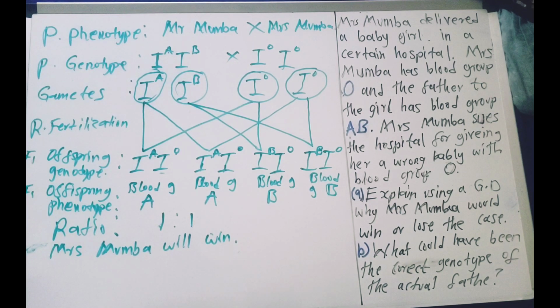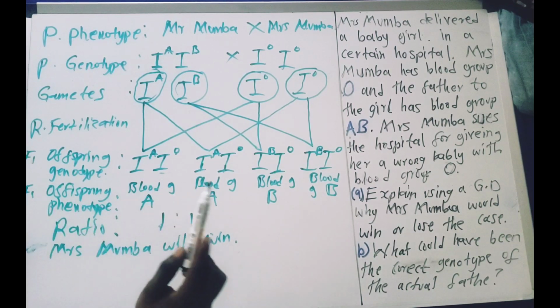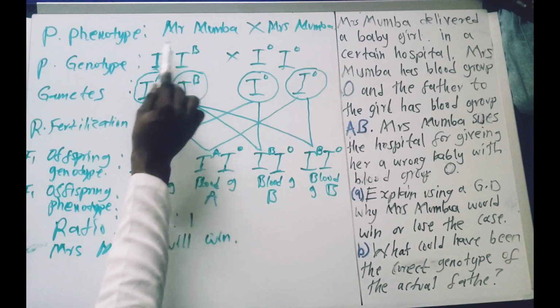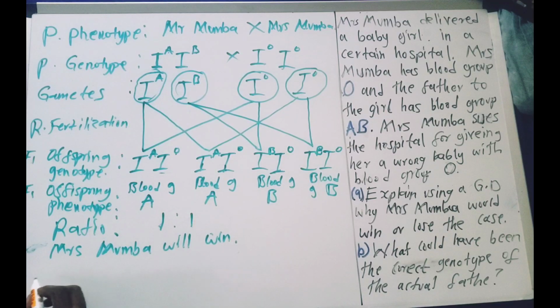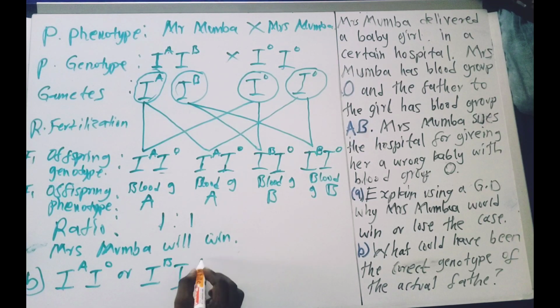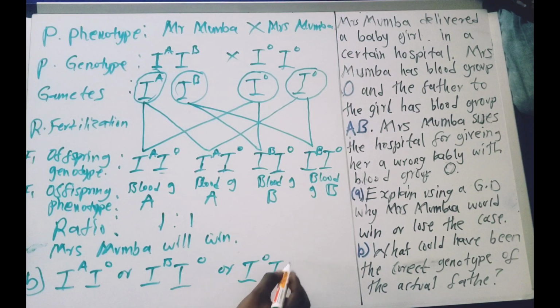Okay? Then the last thing now, they say what could have been the correct genotype of the what? Of the father. So the correct genotype, meaning you need to consider that for the correct genotype where the child has O, here the blood group should be, this is for B, either I, this can work, or this can also work, or this can also work.